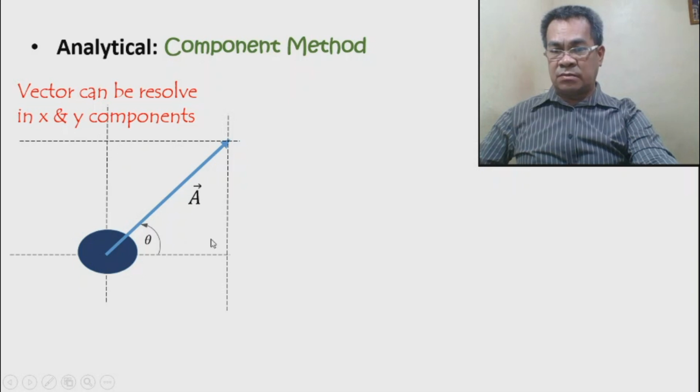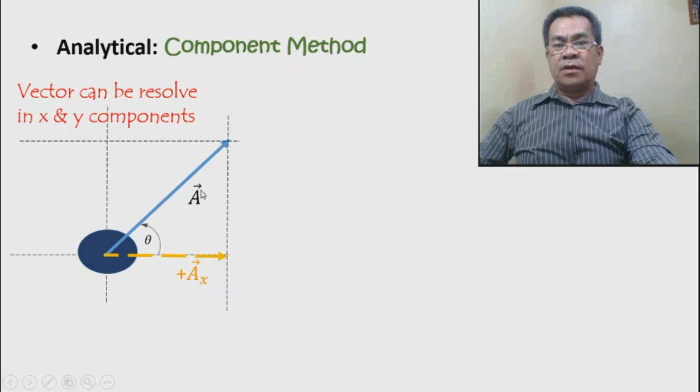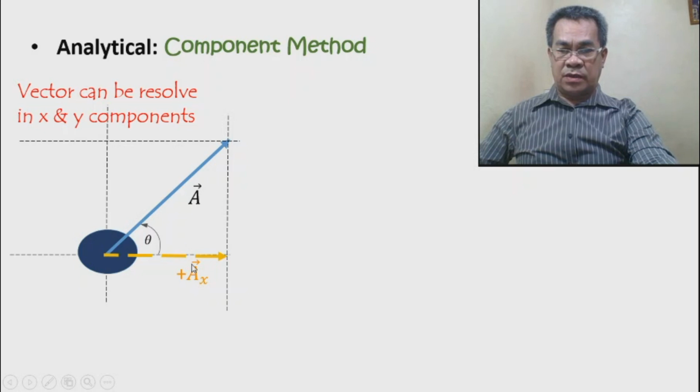We have two intersection points, and these are the tips of the components. This is the tip of the component along x. Take note, the component of a vector is also a vector. So Ax is also a vector. So we have the arrowhead. This is the component along x.